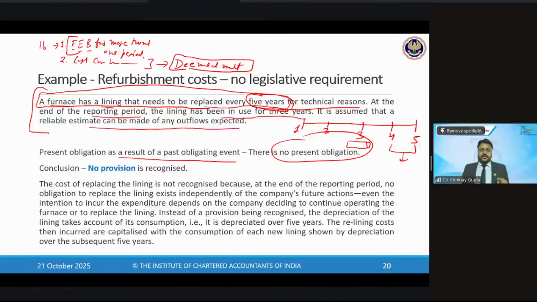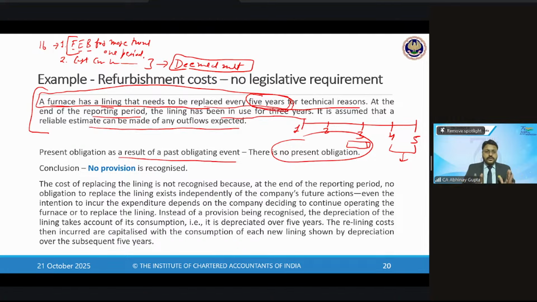So does that line itself mean that it is talking about PPE? Yes. And as we identify that it is talking about PPE, we immediately start thinking about Ind AS 16 in conjunction with Ind AS 37.